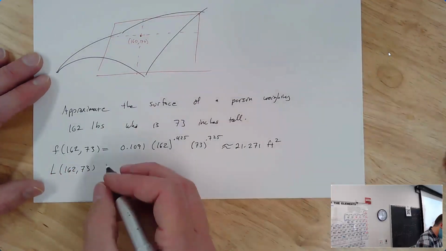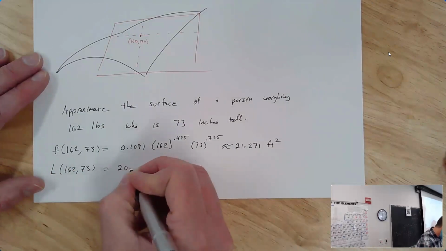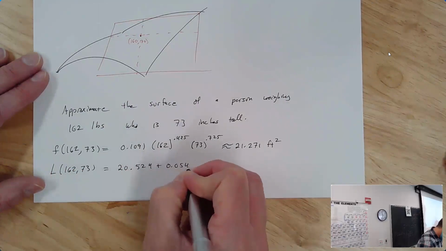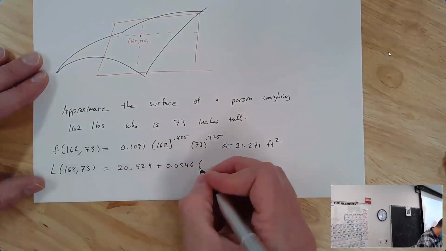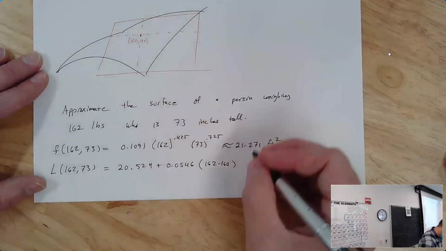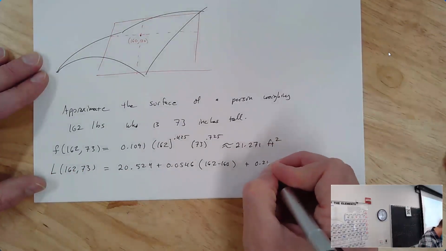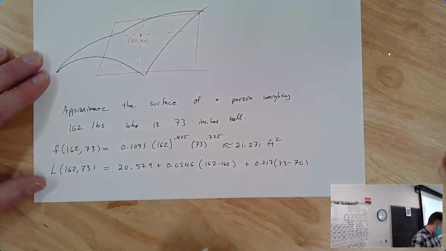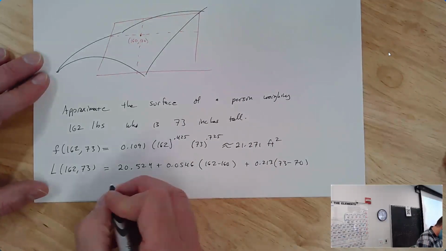I can't. But I'm just saying, my W value is 162 minus 160. My H value is 73 minus 70.